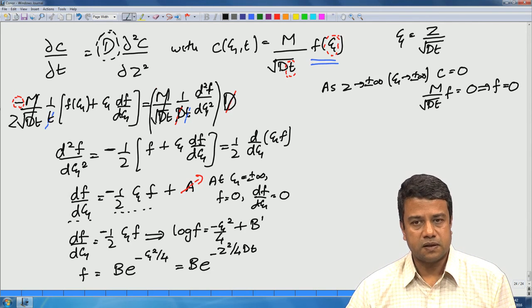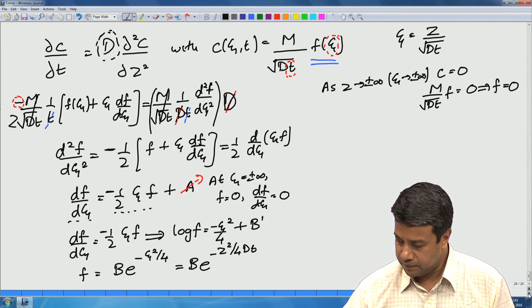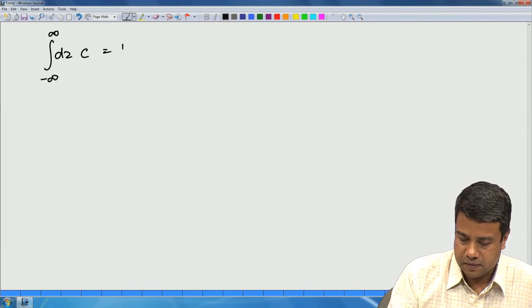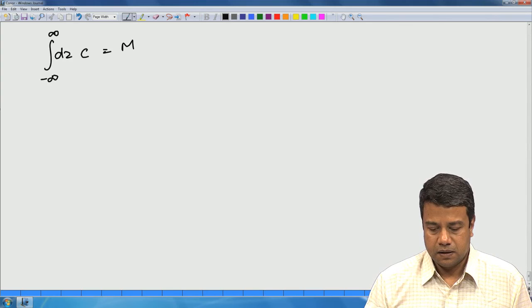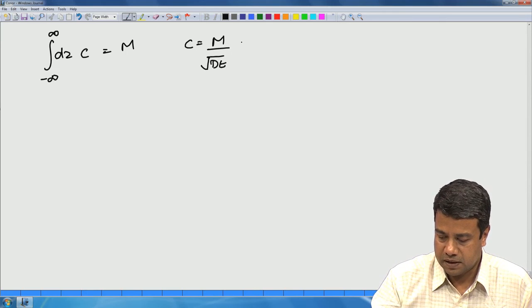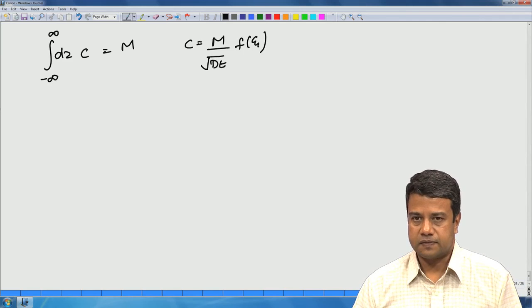This constant b is, of course, determined from the condition that integral minus infinity to infinity dz c is equal to m. And we had written c is equal to m by root dt times some function f of psi. That was our similarity transform.